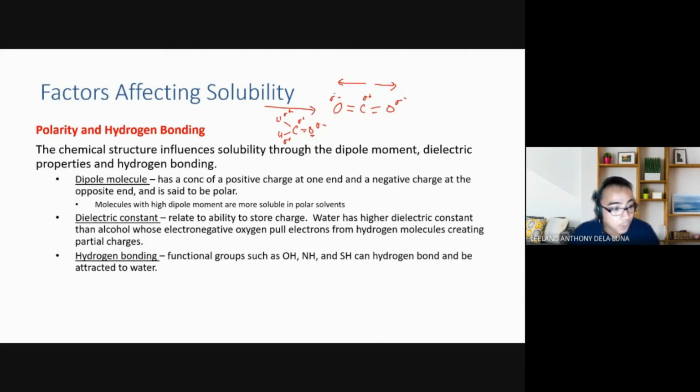Okay? So tawag natin doon, class, the dipole moment. Define ang direction ng, define yung positive at saka negative sides. Right? So a dipole molecule has a concentration of positive charge at one end and a negative charge at the opposite end. So here's the positive charge. Andito yung negative charge. On the case class of carbon dioxide, okay, one side is negative and the other side is still negative.